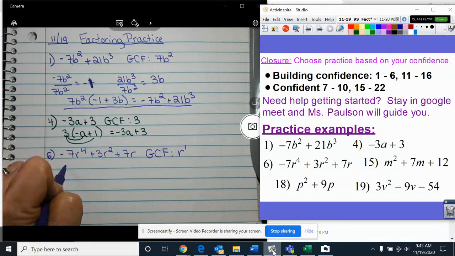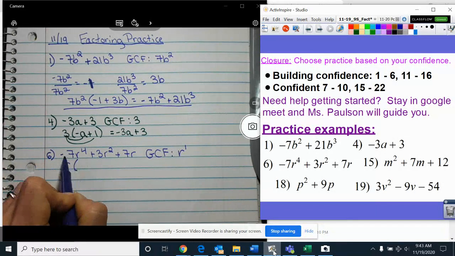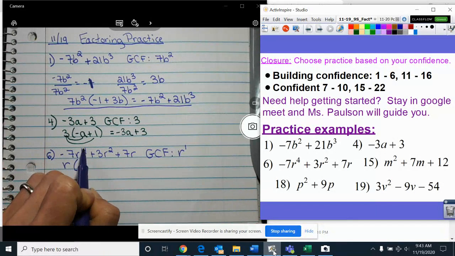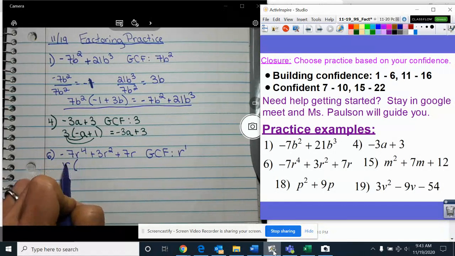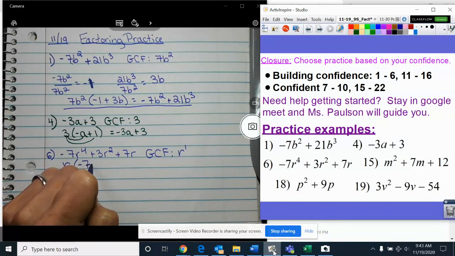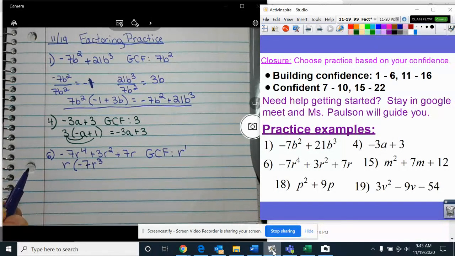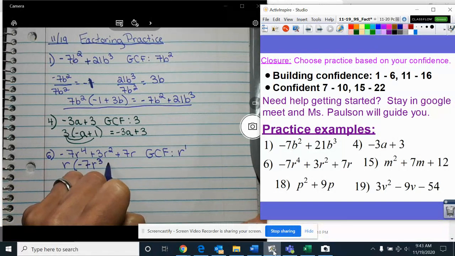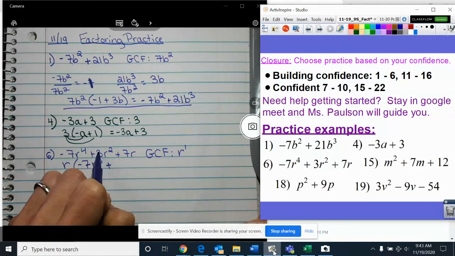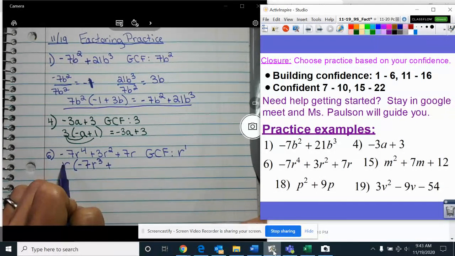Now let's divide out one of those r's from each term. Negative 7r to the 4th. Well, if we divide out 1 r, we're still left with negative 7r to the 3rd power plus 3r squared divided by r.